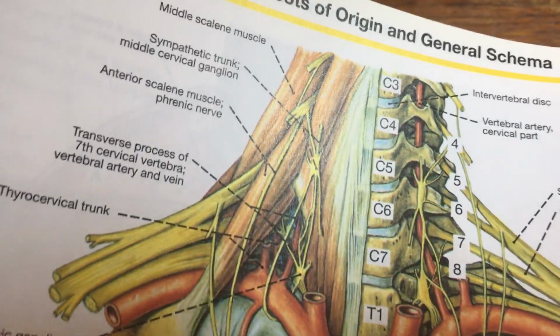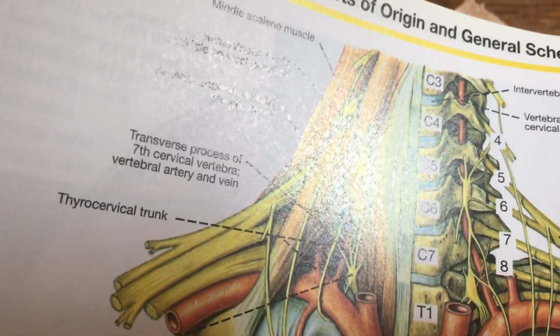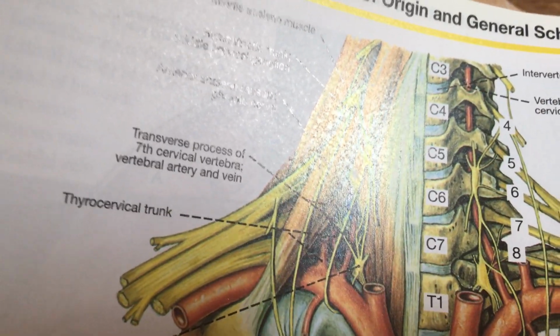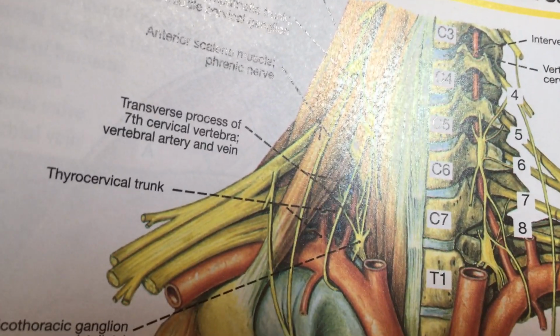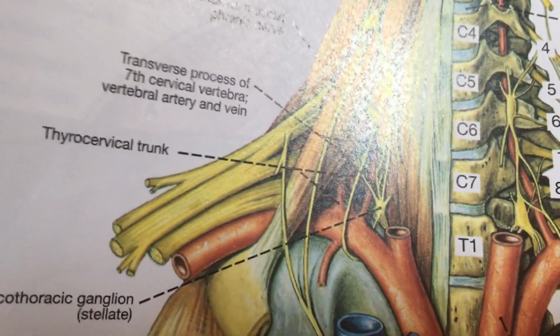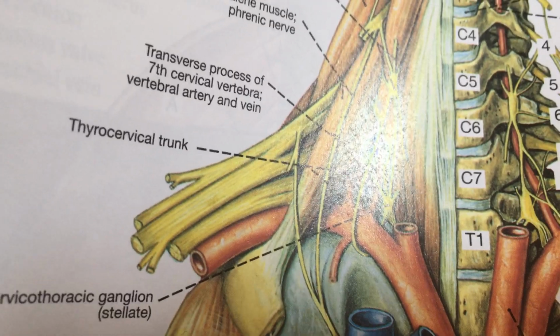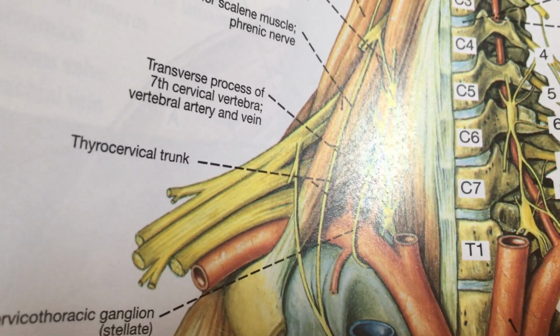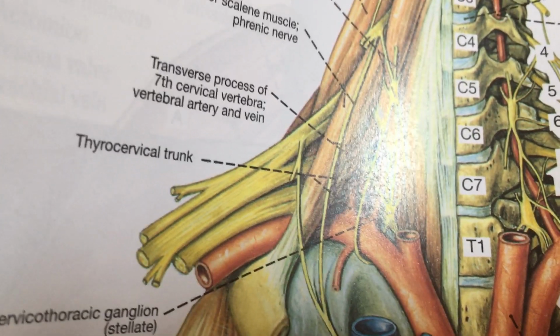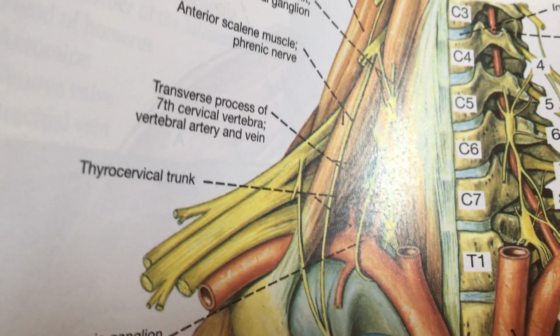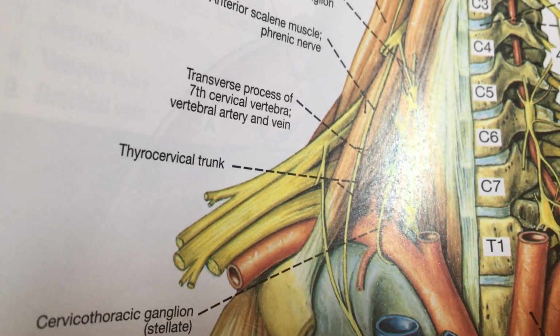Here's the brachial plexus as it emerges. Now, this is sort of an analog version here. This is what we see with our eyes if we do enough dissection in the region of the subcutaneous area beneath the subclavian.